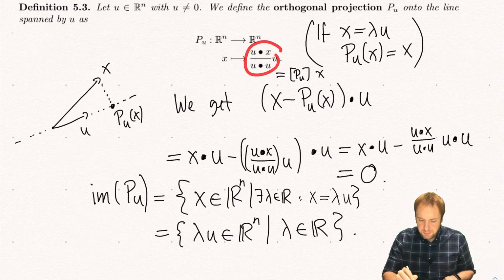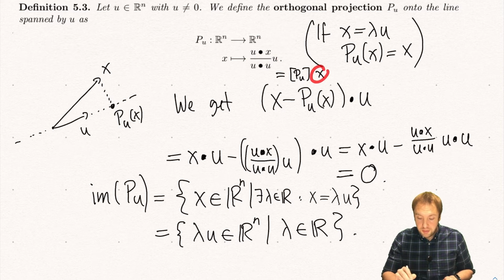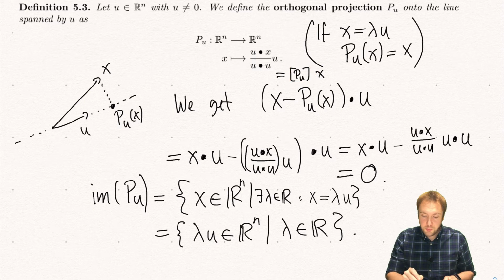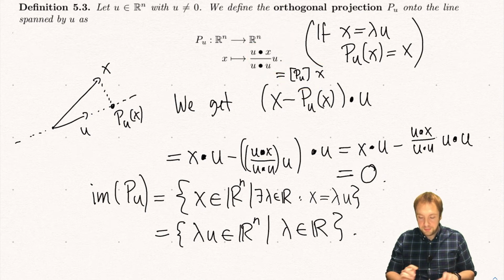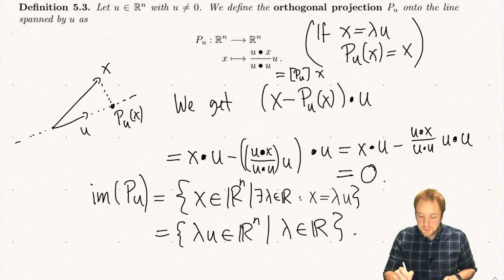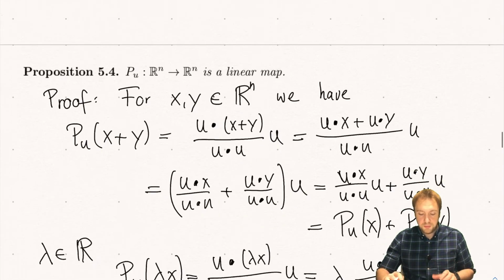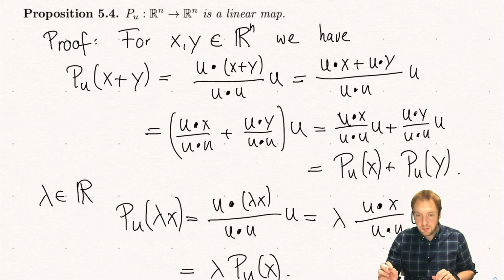But a priori it's not clear how to write this as a matrix times a vector. But in the homework you will see that there's an explicit matrix which just depends on this u, which you can write down, and then this expression here can be written as this matrix times x. And this would then give another proof of this proposition here, that this is a linear map.